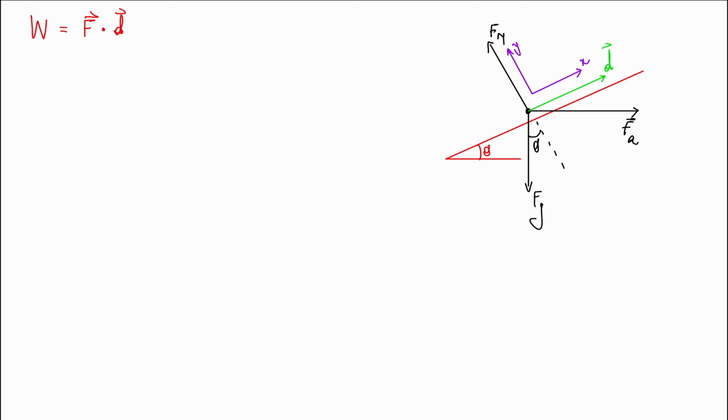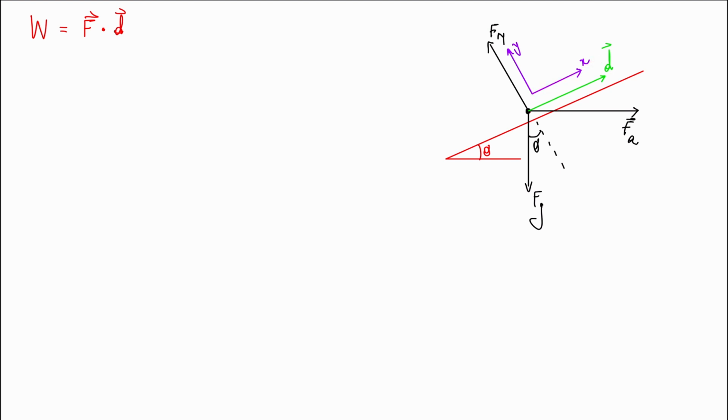Because we have to have our vectors in unit vector notation, we need to choose a coordinate system. For simplicity, I've chosen a tilted coordinate system, which is represented by the purple coordinate system. Remember, the displacement vector is up the incline, and we have designated the incline to be the x direction.